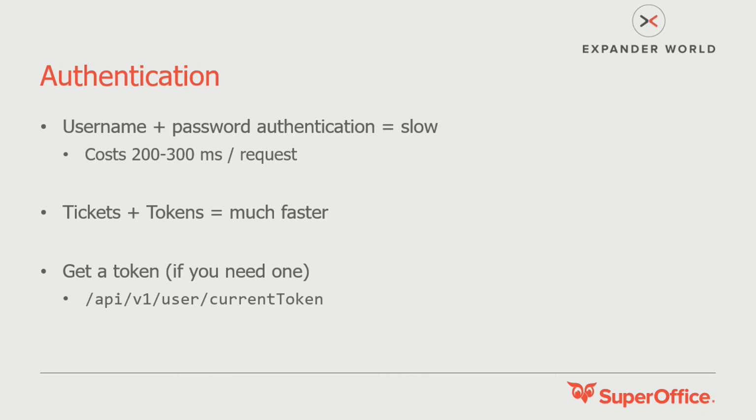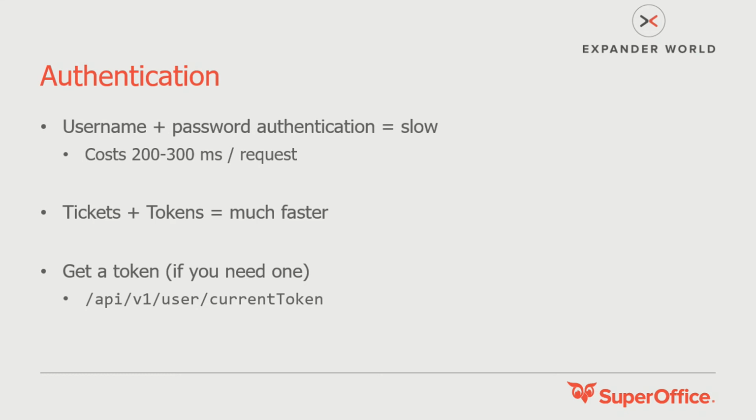One of the things we noticed, or someone else noticed, and then I checked and discovered, yes, it was true: username and password authentication is very easy, but it does cost in terms of performance. It's like an extra 200 to 300 milliseconds per request, while using tickets and tokens is much, much faster. So after you've logged in with username and password, you should go get a token.